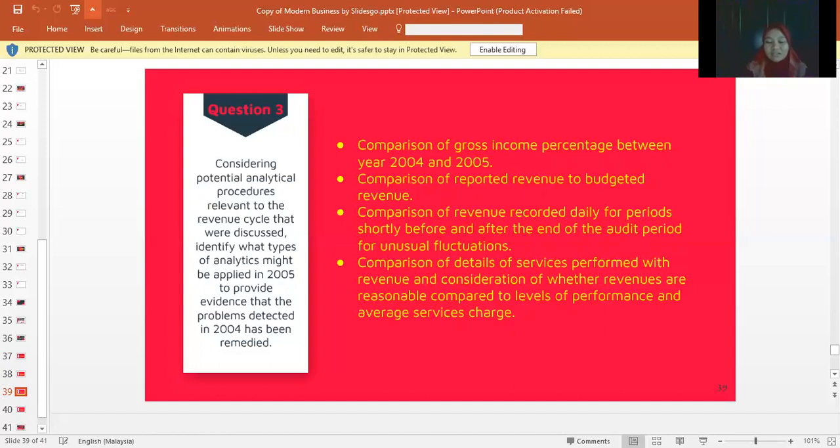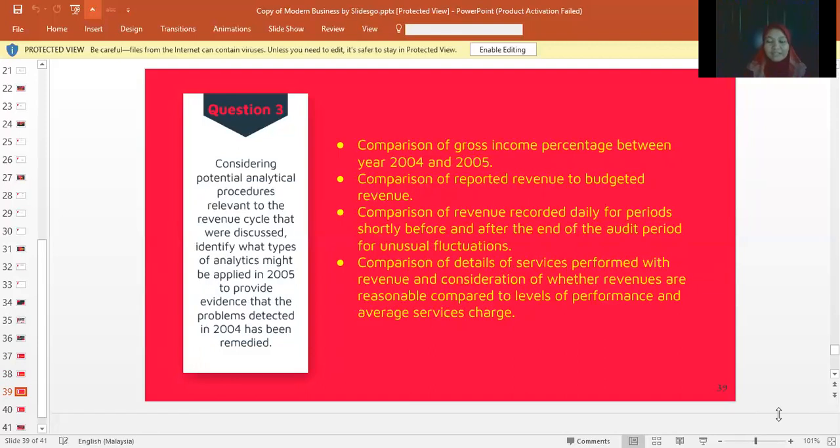Some of the analytical procedures that the auditor can apply in 2005 to detect the problems that happened in 2004 is comparison of gross income percentage between year 2004 and 2005.